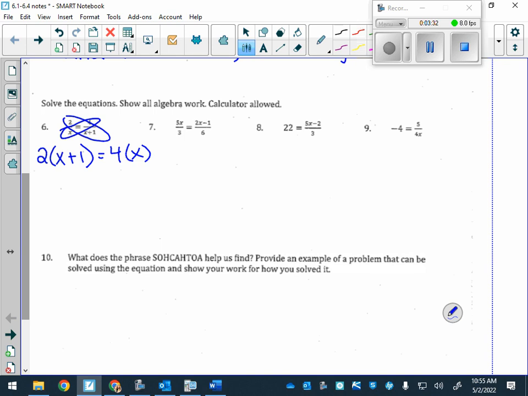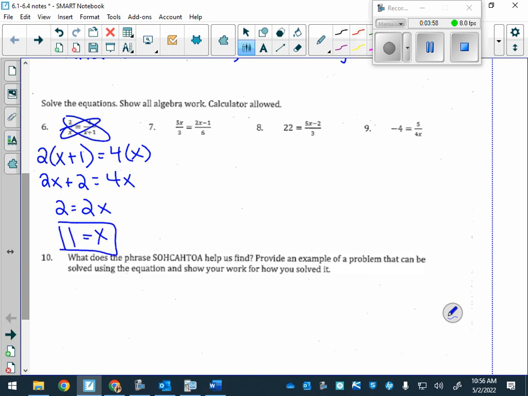Then what do we do? What do we do here in order to solve? Andrew? Yep. 2x plus 2 equals 4x. You want to get your x's on one side. So you have 2 equals 2x. Divide by 2.